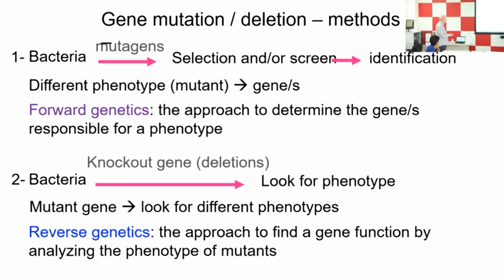But in other cases, you may go into what is called reverse genetics. And in this reverse genetics, what you do is that you make a specific deletion in a gene and then look for a phenotype, okay? And therefore, one of the main tools that biology has to know what a gene is doing is to have a mutation in that gene and see what happens with the phenotype, okay? So it's a basic biological concept.